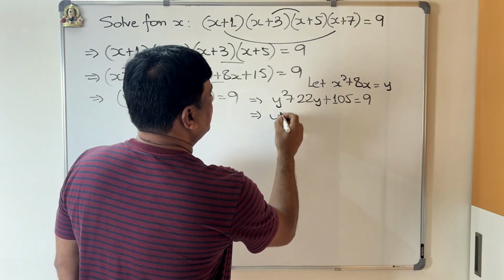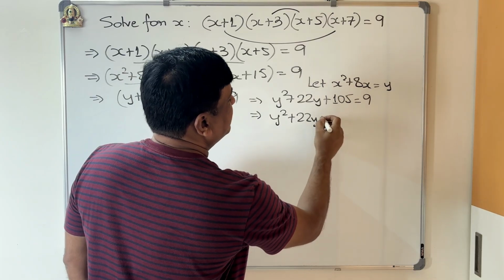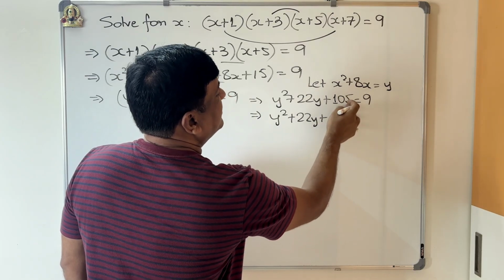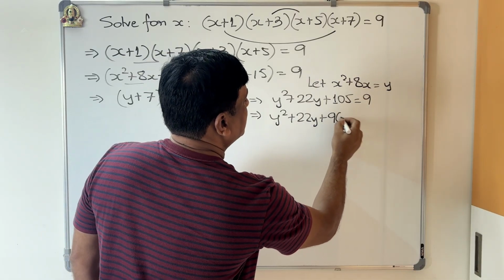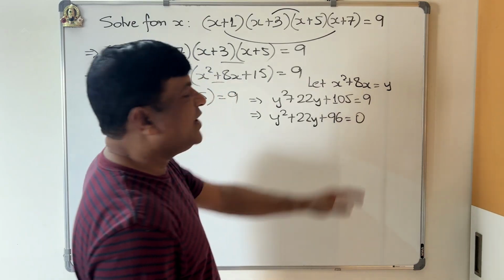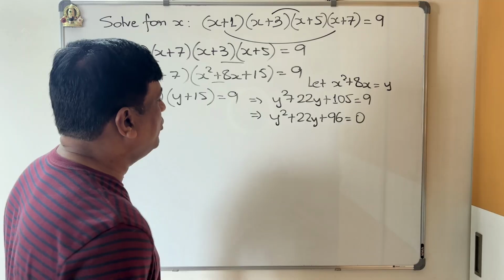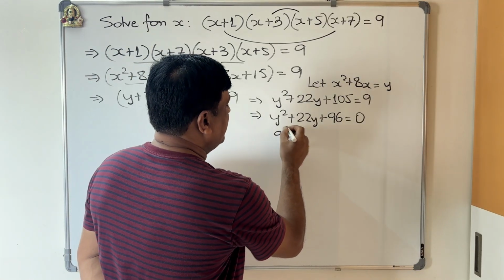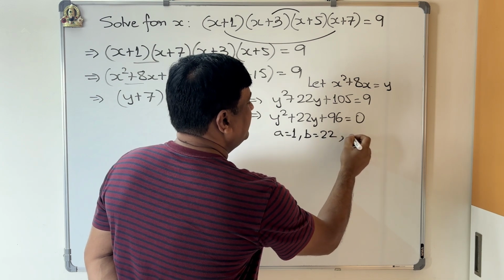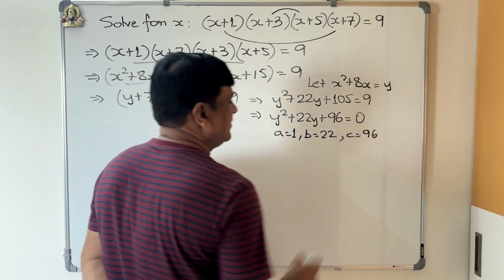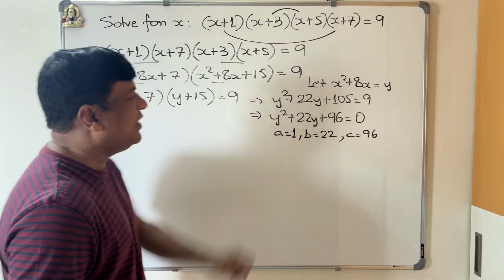This can be written as y square plus 22y plus 105 minus 9, which gives you 96. That is what you get. Now, can you go ahead and solve this quadratic equation? What do you have? a is equal to 1, b is equal to 22, and c is equal to 96. And how do you calculate the roots?